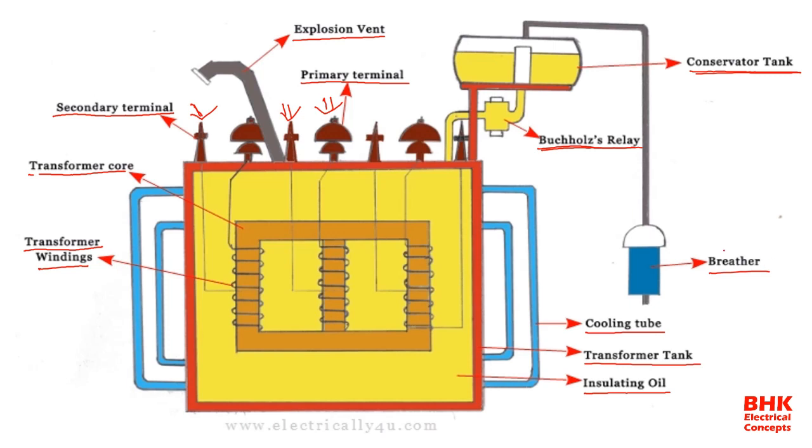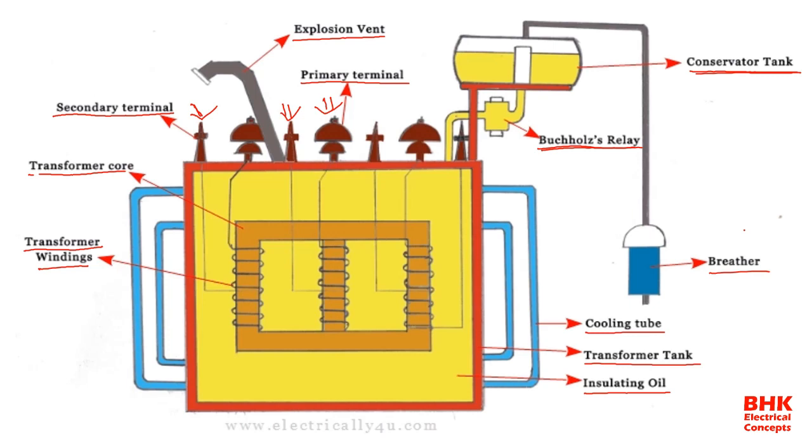So these are the most important parts in a transformer, and with the help of the operation of all these parts, there is successful stepping up and stepping down of the voltage levels by using this particular construction of a transformer. Okay, now we are going to discuss each and every part.